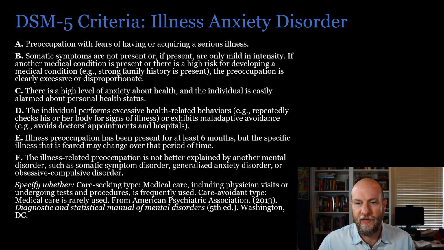Sorry for the small font here, but these are the actual DSM-5 criteria. So as I said, the first criterion and the most important is this preoccupation with fears of having or acquiring a serious illness. In many cases, there are no somatic symptoms present, or if they are, they're very mild in intensity. If another medical condition is present, or there's a high risk for developing a medical condition, the preoccupation is clearly excessive or disproportionate.